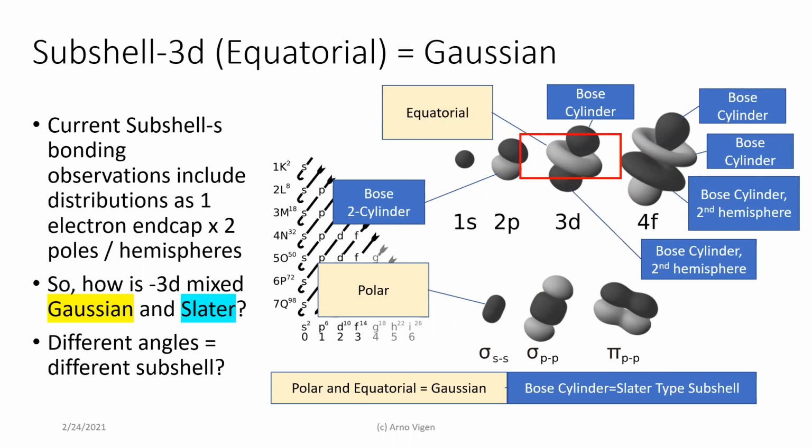So subshell 3D has both an end cap, like a rim of the end cap of a cylinder, but it also has an equatorial one. And what I should find from my calculations is those are not Slater type orbitals, but are Gaussian. So it will lead me to the eventual question, how can we have different angles and there being different subshells?